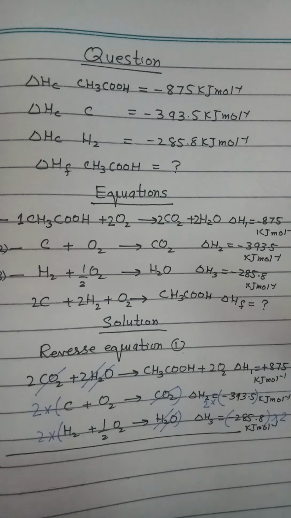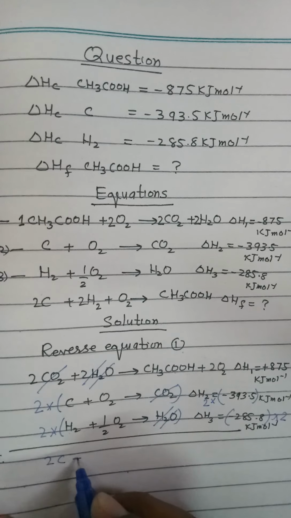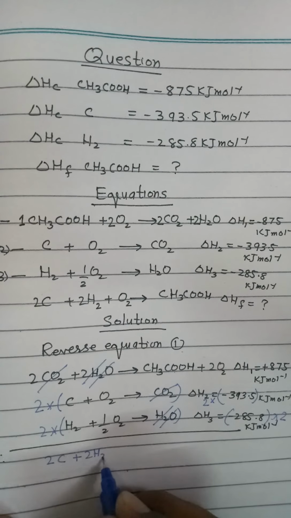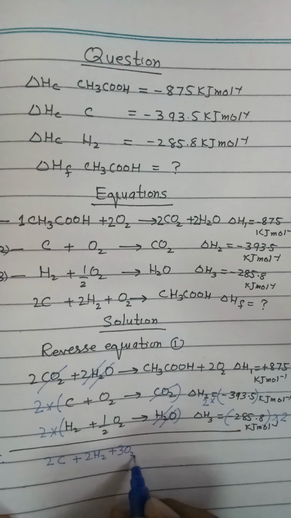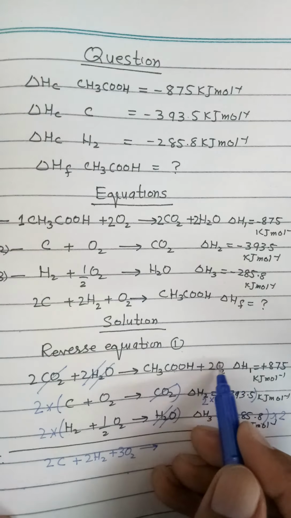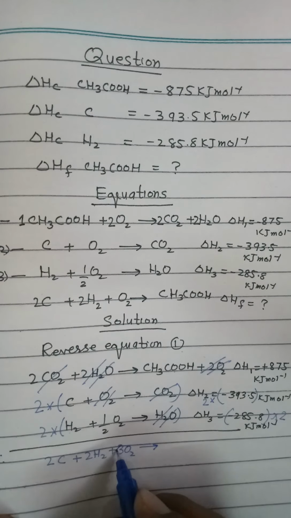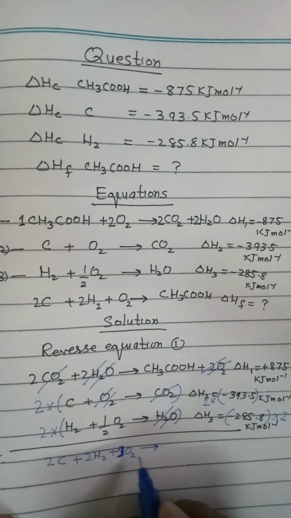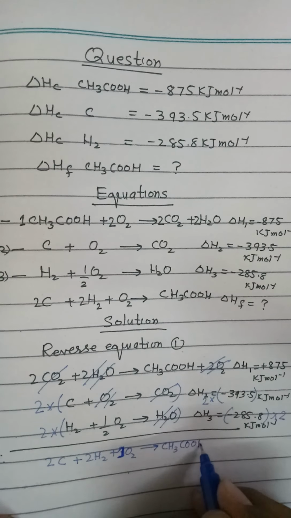And the remaining equation that we get is 2 carbon, 2 hydrogen, 2 and 1, there are 3 O2, that forms, sorry, this O2 can also be cancelled with this O2, so there will be 1 O2 remaining that forms acetic acid, CH3COOH.